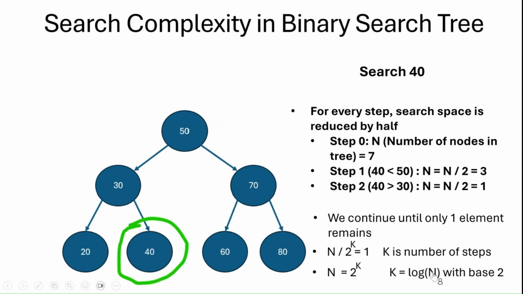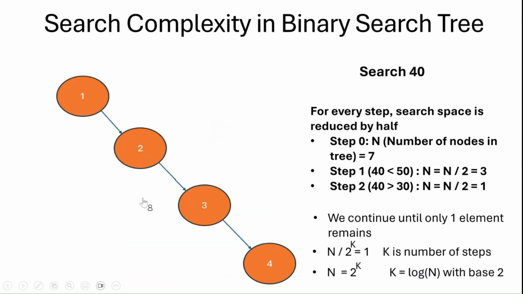But this time complexity is not true for all cases. In this case, the binary search tree is not skewed. So that's why we can say the time complexity is log of n. But if we have a binary search tree like this, which is skewed, and we try to search, let's say 4 in it, then we still need to traverse all the nodes of the binary search tree to search 4.